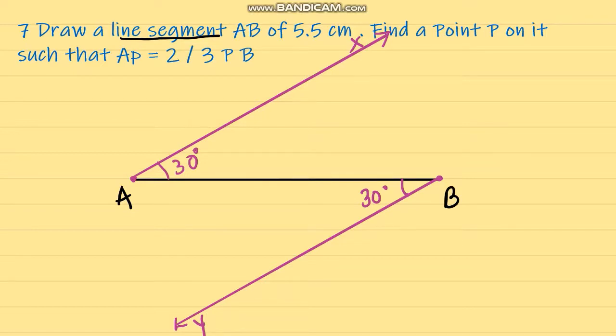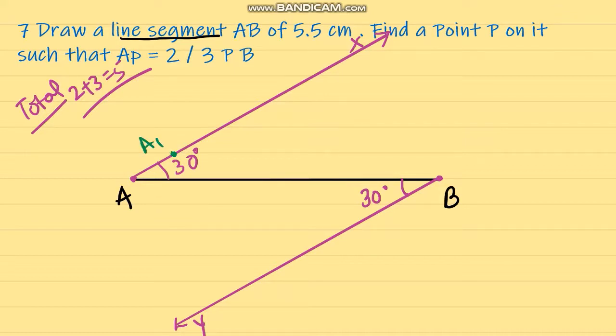Now see, 2:3 ratio means total parts will be equal to 2 plus 3, that is equal to 5. So you have to make 5 parts. Now see, locate points on AX. How many points? 5 points on AX. Now here you are getting A1.